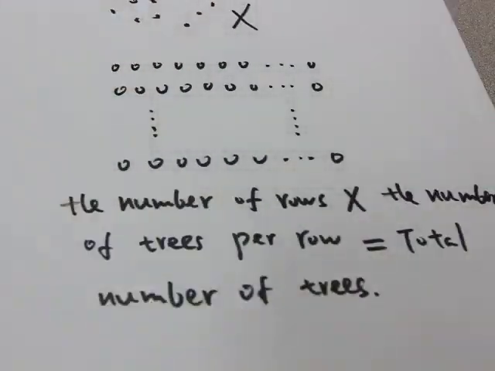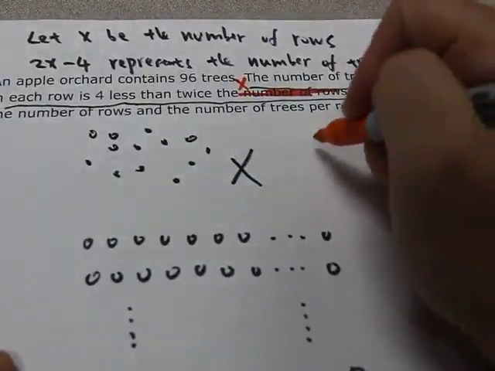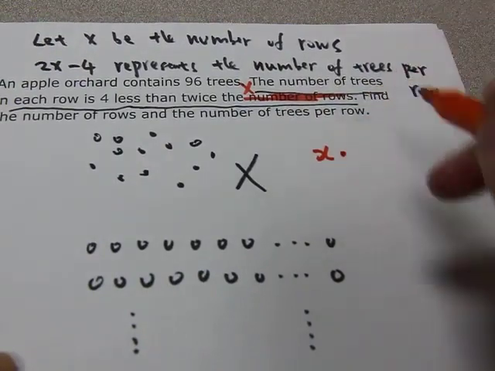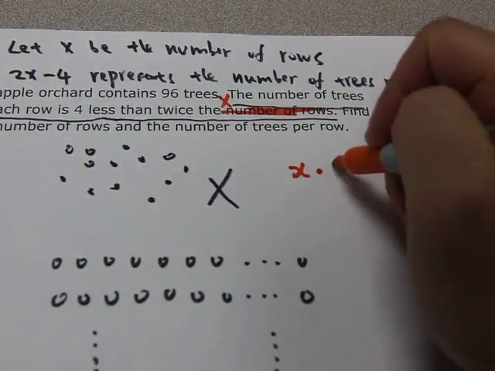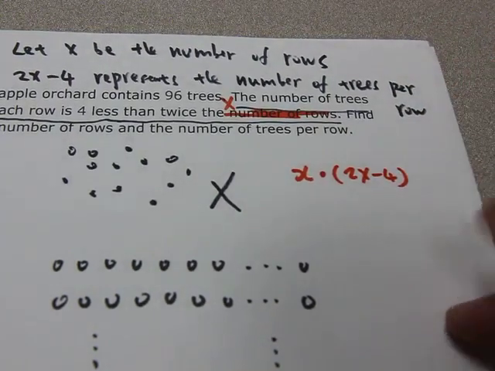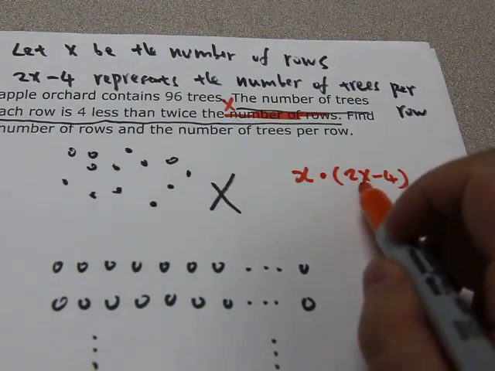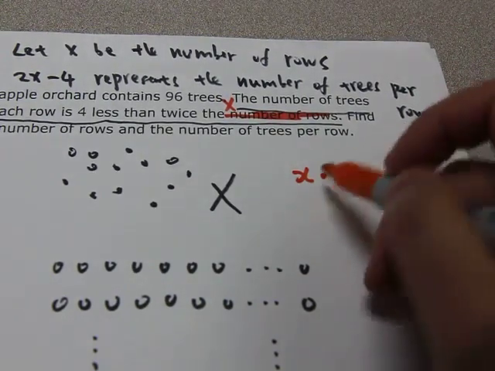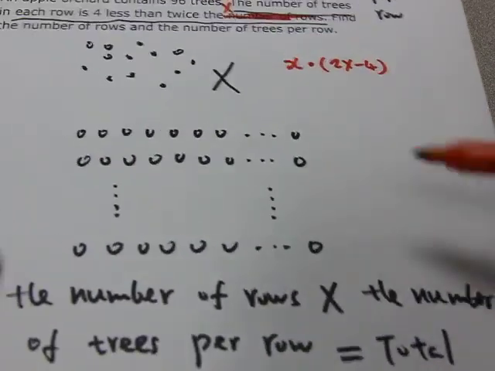Okay, so now we know there are x rows, and in each row, how many trees do we have? We have 2x minus 4. So in each row, we have 2x minus 4 trees. And we multiply just like what we did here.